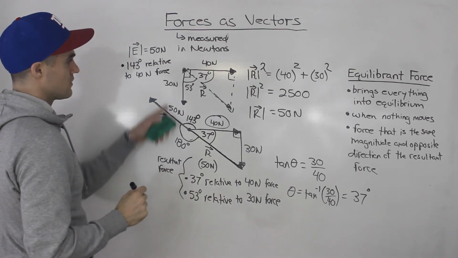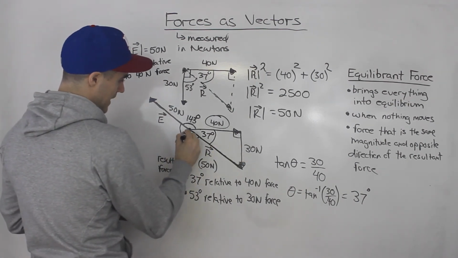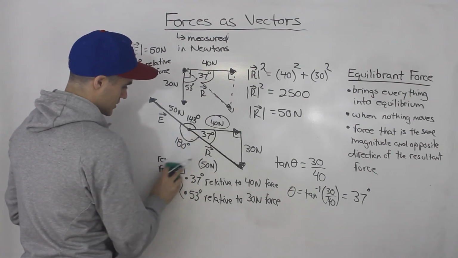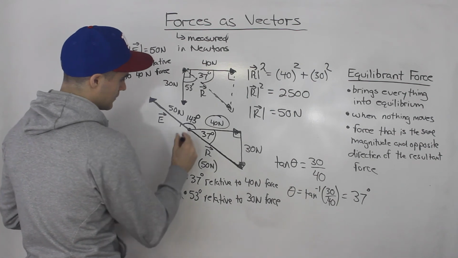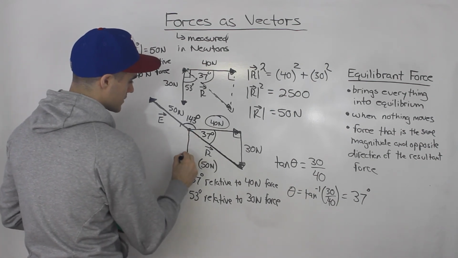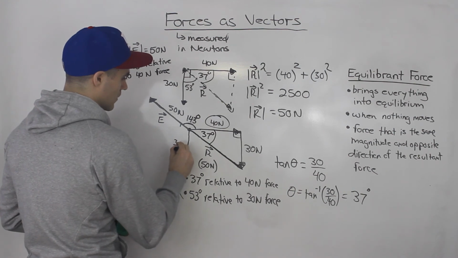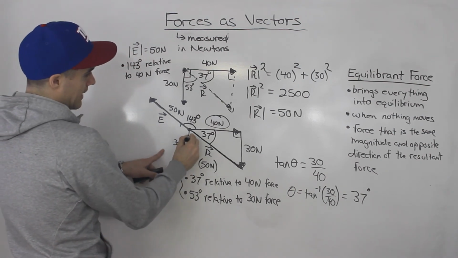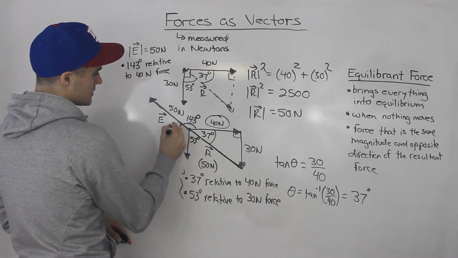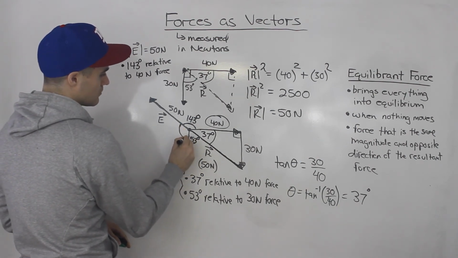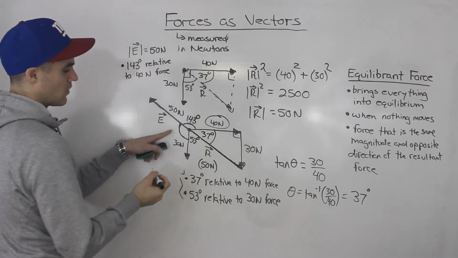What about to the 30 Newton force? Well, if we bring that 30 Newton force back here, so I'm going to just erase this. Say that we draw this 30 Newton force here again. If you remember, the angle here was 53 degrees. Well, notice that we can find the angle between the 30 Newton force and the equilibrium force as well.